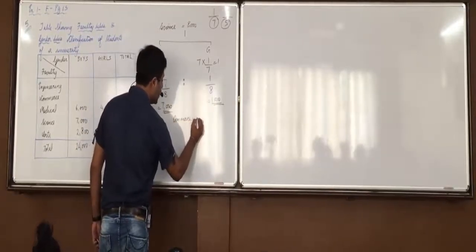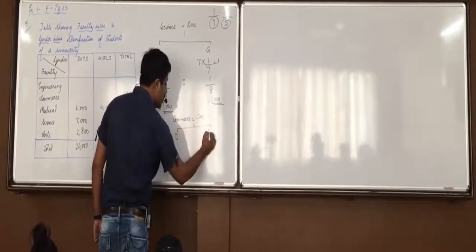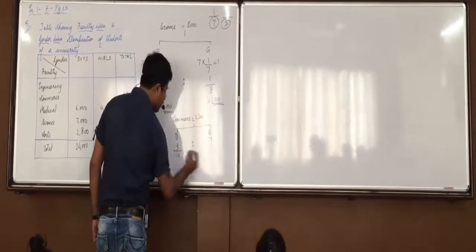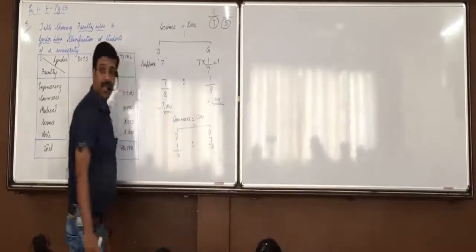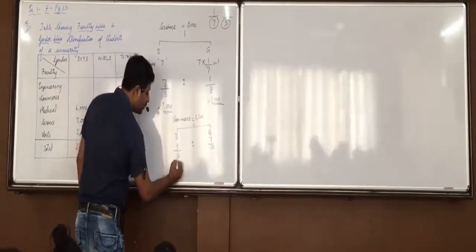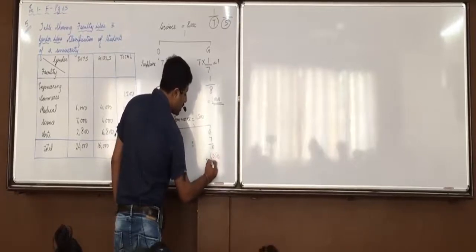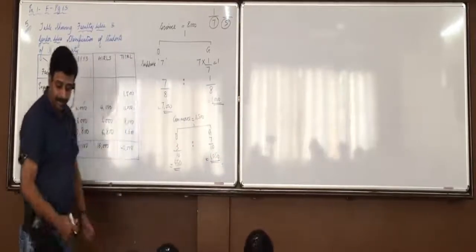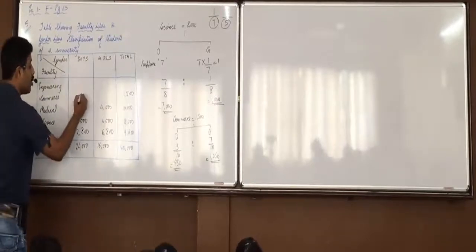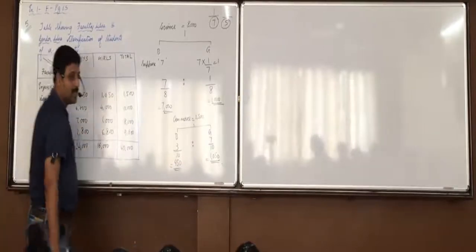Commerce, there are 1,500 and boys, girls, 3:7. 3 plus 7? So 3 by 10, 7 by 10. 1,500 into 3 by 10, 450. 1,500 into 7 by 10, 1050. Check it everyone. 450 are boys. Here you'll write commerce boys, commerce girls, 1050.